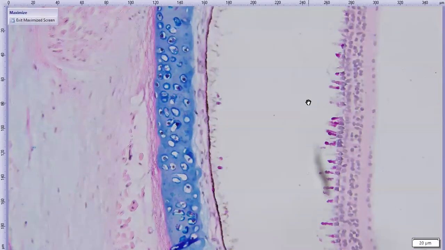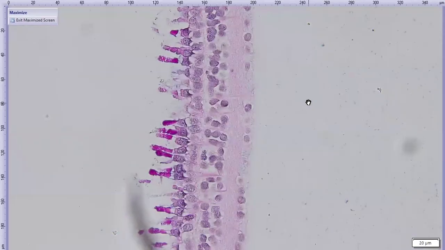It's not very clear that they have shading of the photoreceptors. This is an Alcian blue PAS stain. They have nice, I believe that's an oil droplet there. And that's probably an oil droplet there.